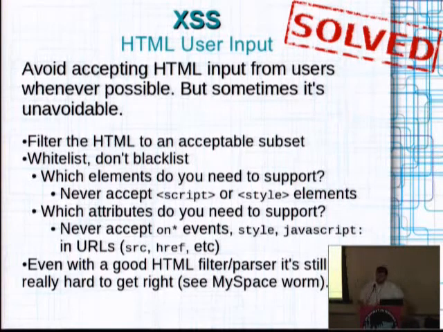But don't blacklist, whitelist. And even if you do that, it's still hard because HTML is a very loose concept. Browsers accept a lot of crap. So just because it's not valid HTML and you've made sure that you've reduced it to a subset, there's still a possibility a browser will interpret it a different way.